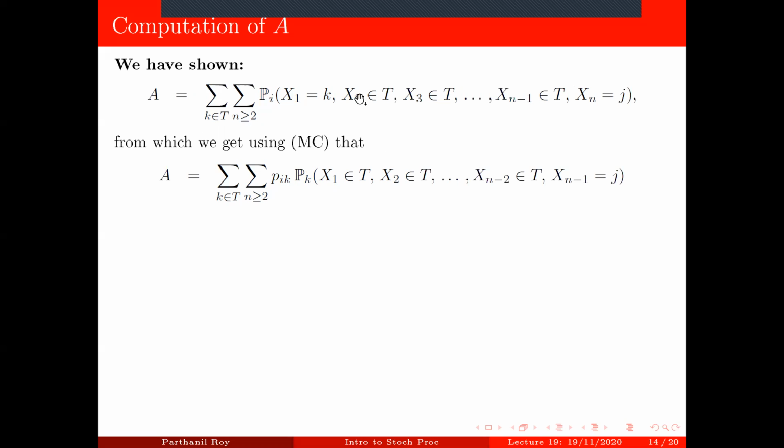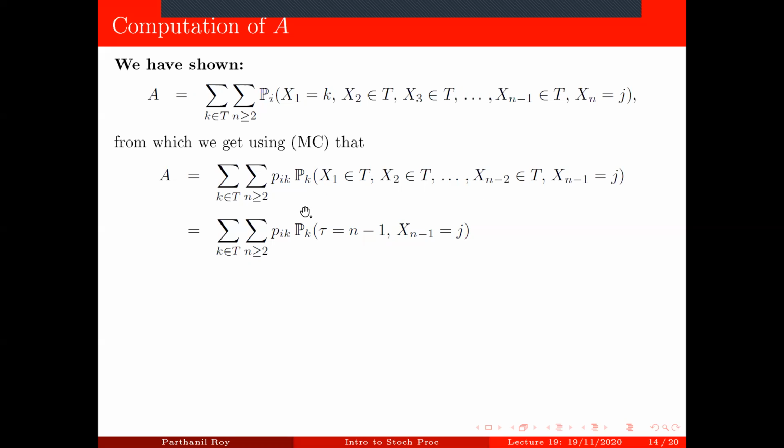So instead of X2, in the new clock, this is X1, because you are starting again at k. And then X3 would become X2, all the way up to X_{n-1} becoming X_{n-2}, and then X_n becoming X_{n-1}. So using the Markov property, we can show that each of these probabilities is equal to this probability, and therefore the sum is equal to this sum. We have done such calculations many times before, so we should be used to it by now.